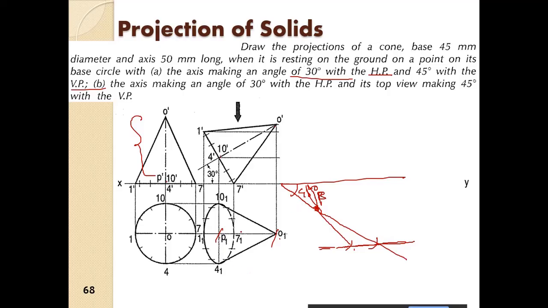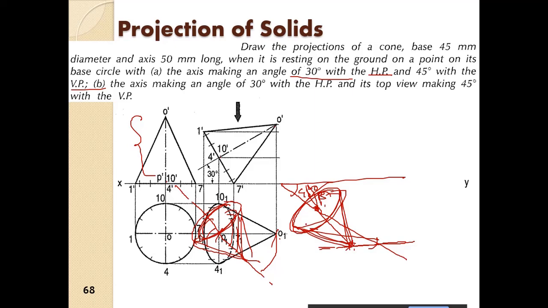Once you get the beta angle, you can drop parallel to the beta angle and shift the points, and you can draw the cone here. Here also you have to draw the cone in this manner. This will be the top view of the cone.